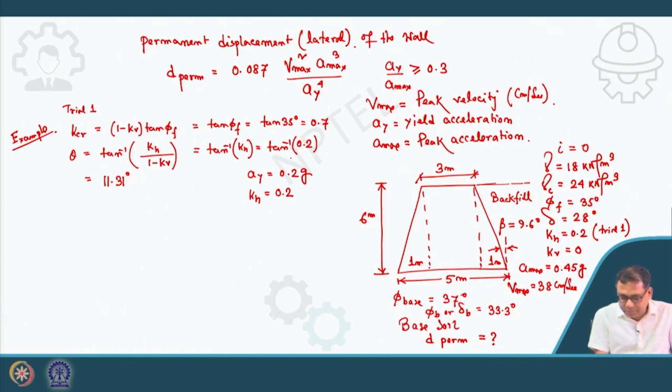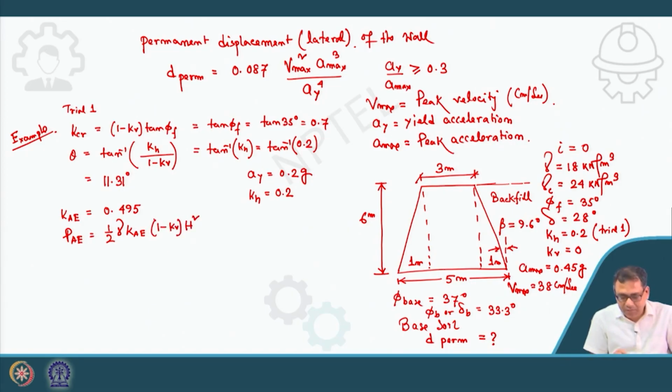Now we know theta, we know delta, we know phi, we know beta, and I is equal to 0. So, these values are known. That means I can calculate KAE by using this expression, and it comes out to be 0.495. So, I can write PA is equal to half gamma KAE (1 minus KV) into H square.